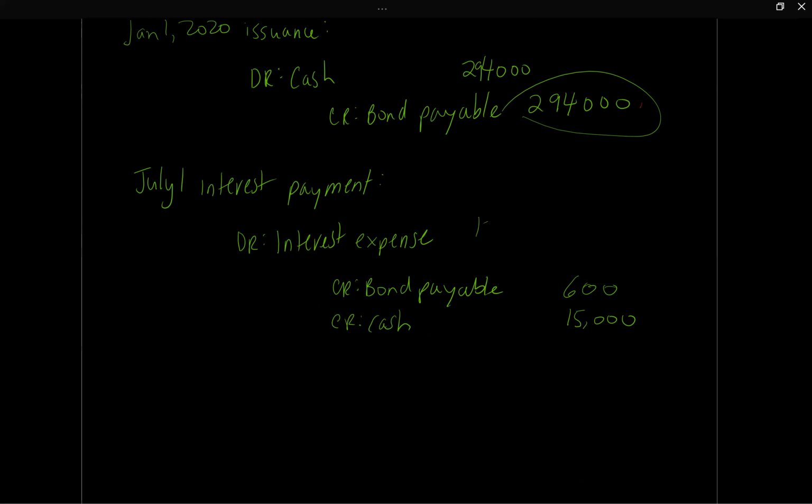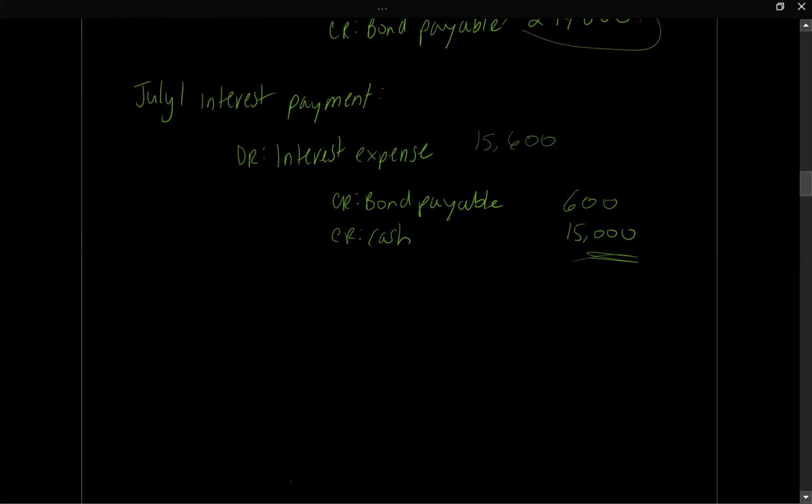So it's going to be $15,600. And so you can see that when we have a discount, our interest expense is actually higher than the coupon payment on those bonds because we only received $294,000, and we need those bonds on our statement of financial position at $300,000. So we basically lost some money there. So we're going to be recording that through our interest expense.